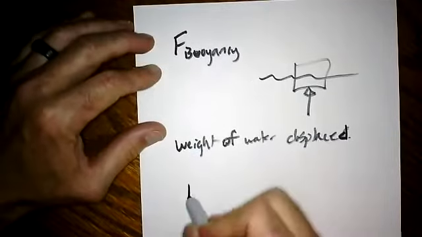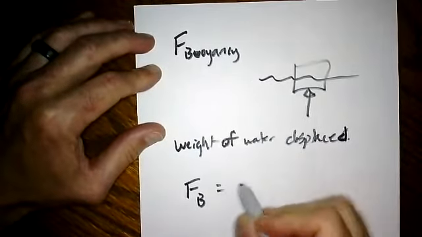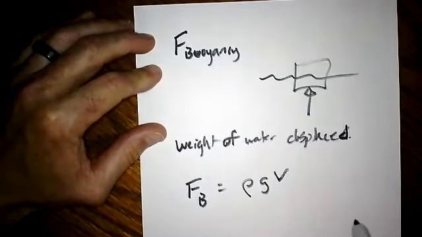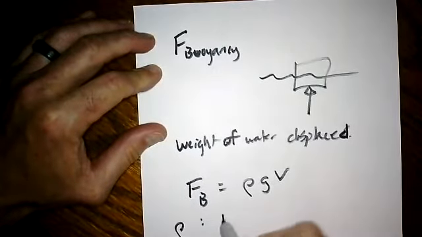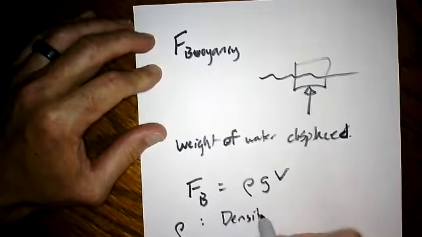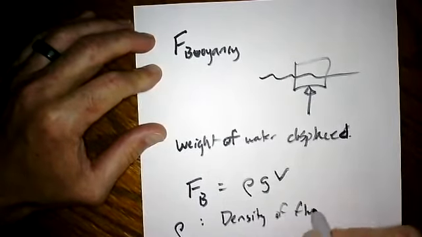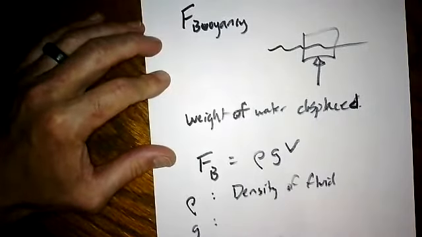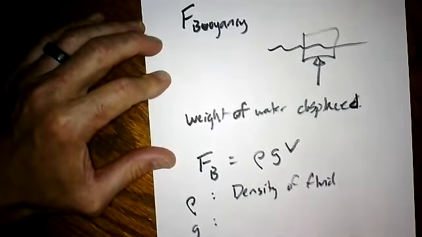The equation for buoyancy force is rho g v, where rho is again the density of the fluid, g is the acceleration due to the force of gravity, and v is the volume of fluid displaced.